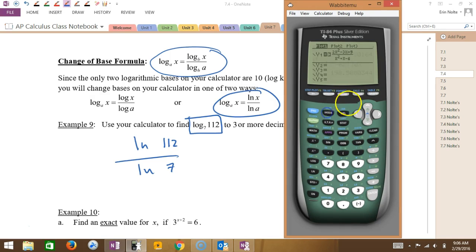So you can either do the natural log of 112, make sure you end the parenthesis after the 112, divided by the natural log of 7. Or if you hit alpha window, number 5 also gets you that notation.